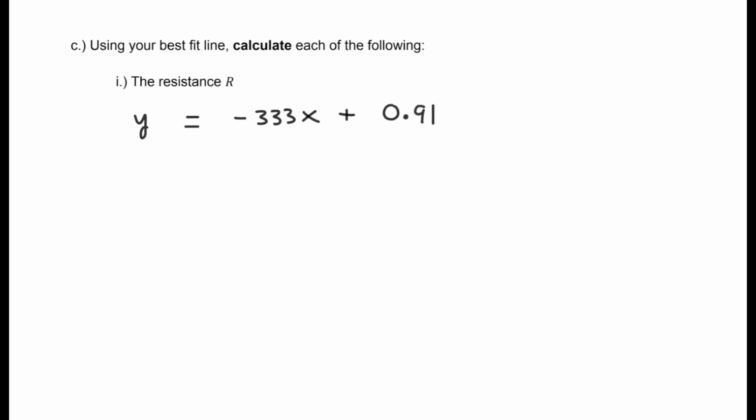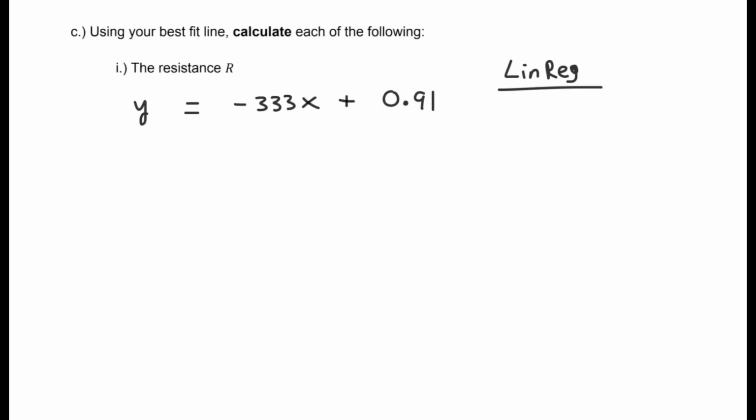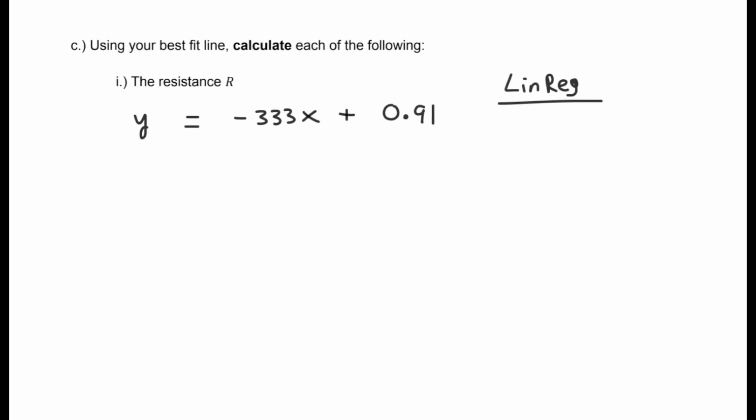So now that we found our regression, it's always good practice, if you come up with some equation, to actually say where you got it from. So I'm just going to write linreg out of habit from using the TI calculators, but we just want to show that these regression equations don't just pop up from nowhere, so we use technology to get that.